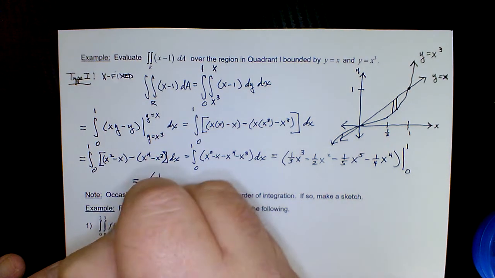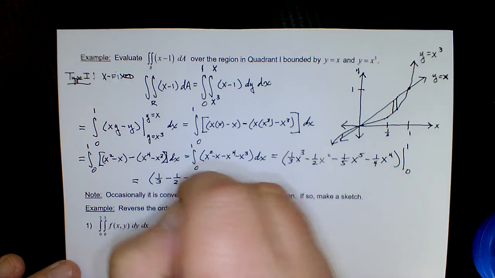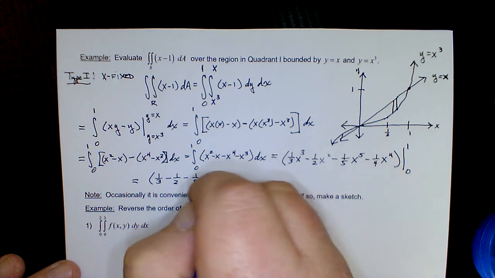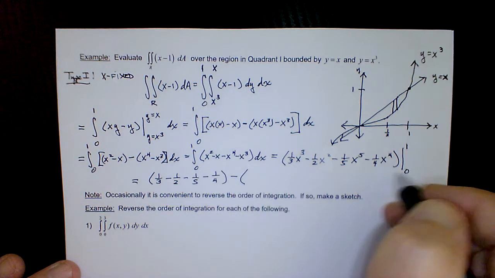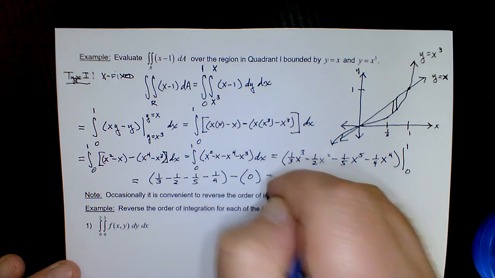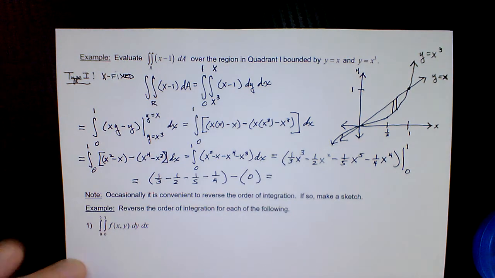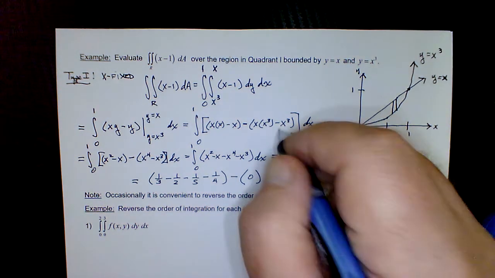We get 1/3 minus 1/2 minus 1/5 minus 1/4, and then all minus, if we're putting a 0 in for x, everything there goes to 0. So just call it a big 0. And then if you take the 1/3 minus 1/2 minus 1/5, oh, I'm sorry, that would have been a plus 1/4.